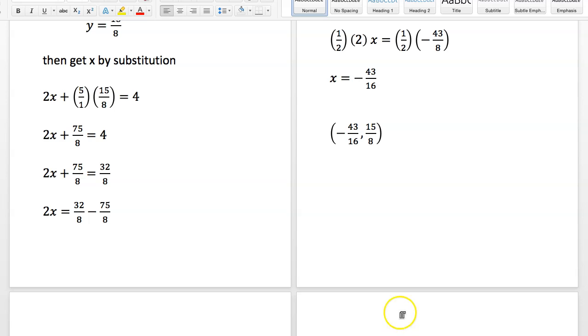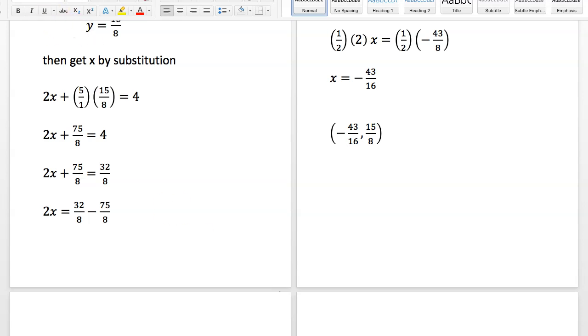Well, now sometimes you get what's called a dependent system, where you don't really have two different equations at all. You won't get one answer. You'll get infinitely many answers.